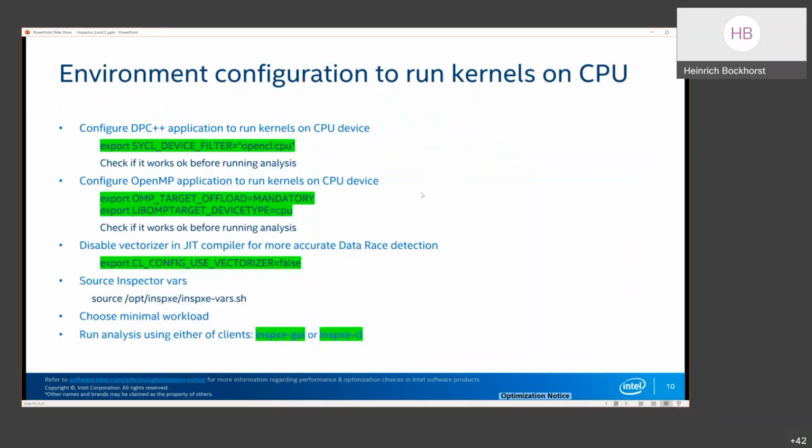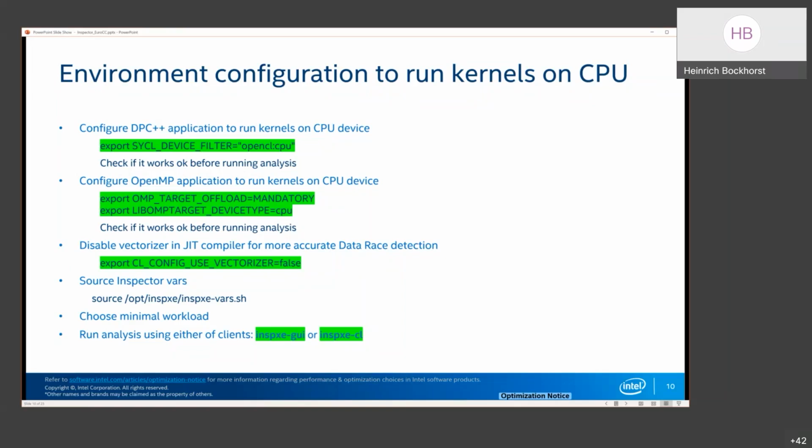So how to run it and force it to run on the CPU? We choose the OpenCL version, but running on the CPU, and you can do it with the variable SYCL_DEVICE_FILTER equals opencl:cpu.